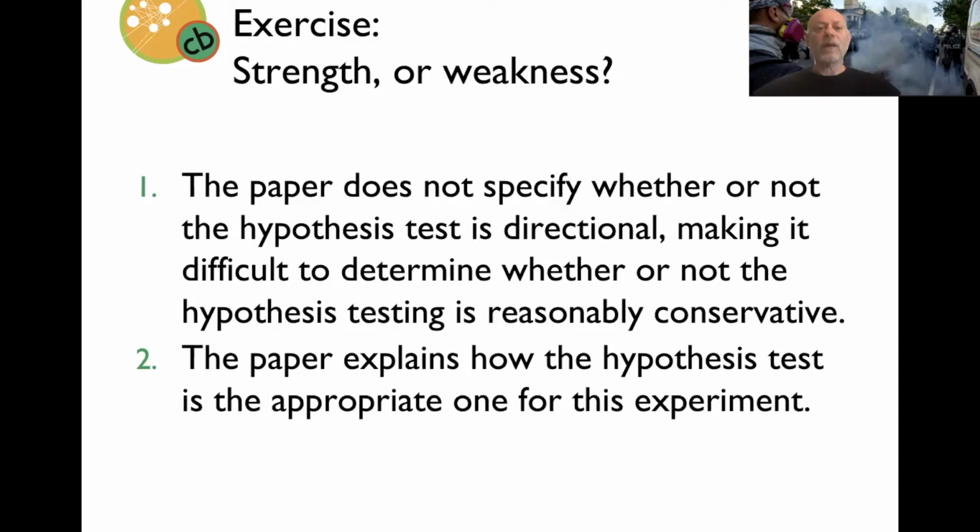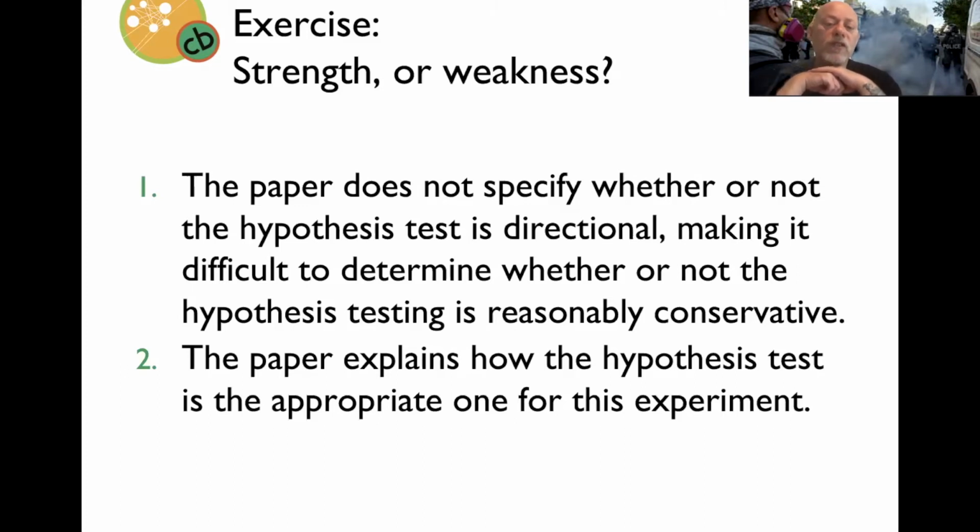So, for example, in this case, maybe they'll say something like, we had a directional test because there's an a priori expectation that one value will be higher than the other. Or maybe they'll say, we used a non-directional test with less power because there's no reason to have a priori expectations.